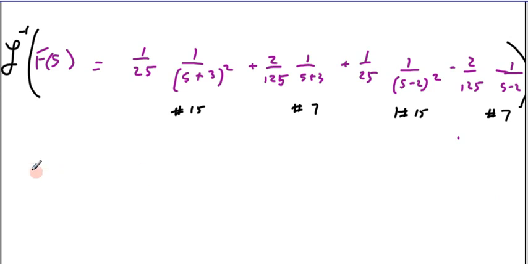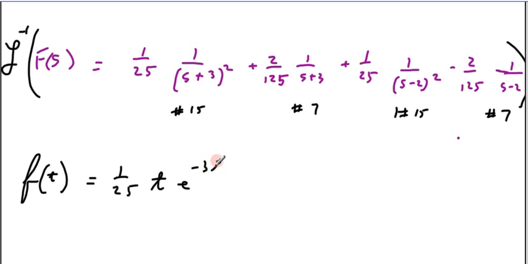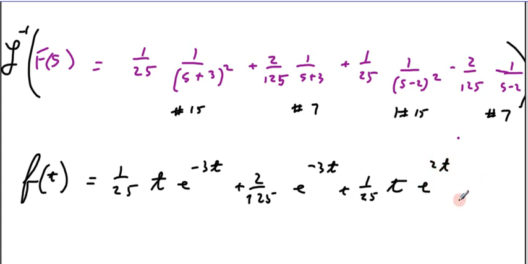And what do we get? We get f of t equals 1 over 25 t e to the minus 3t, plus 2 over 125 e to the minus 3t, plus 1 over 25 t e to the 2t, and minus 2 over 125 e to the 2t.